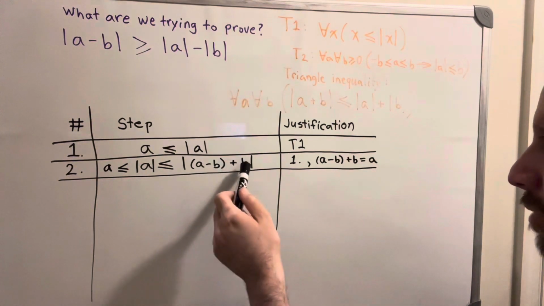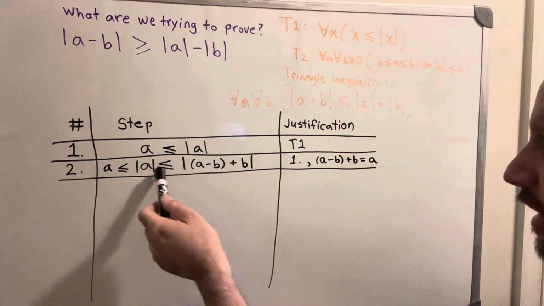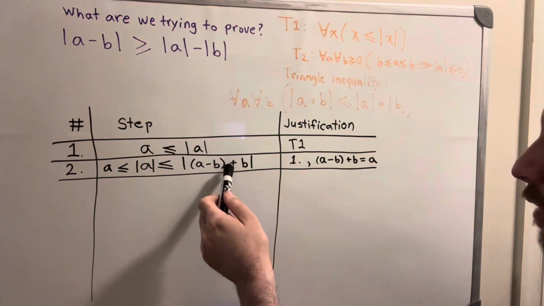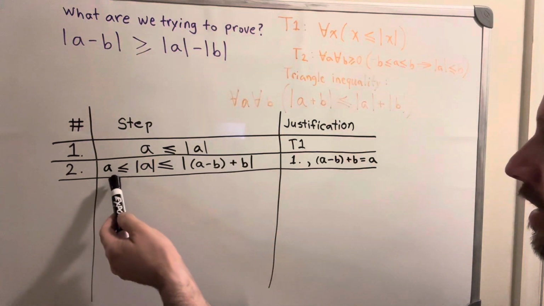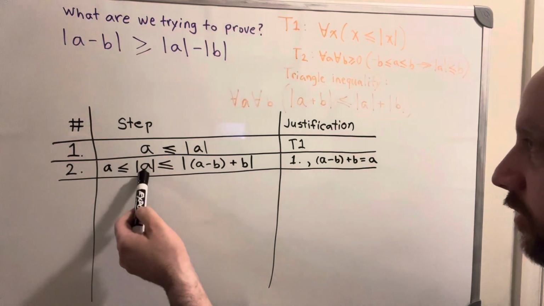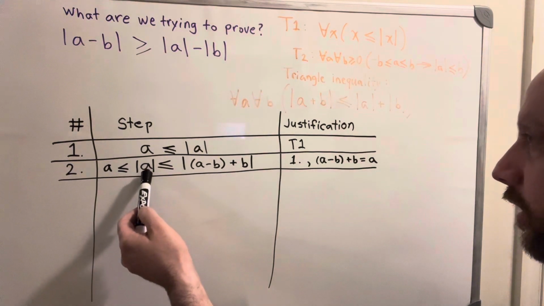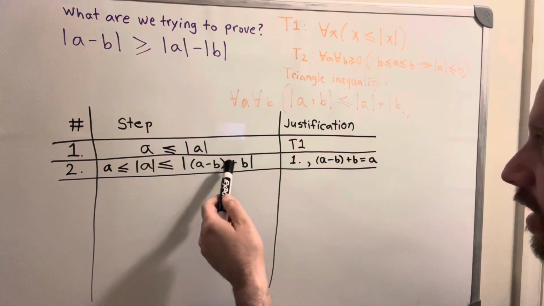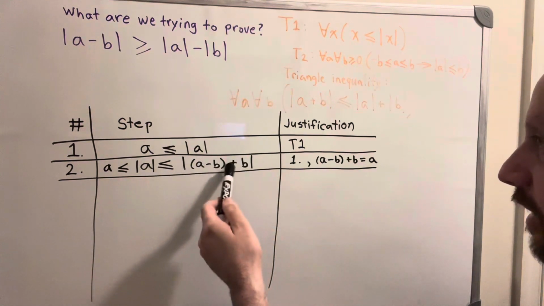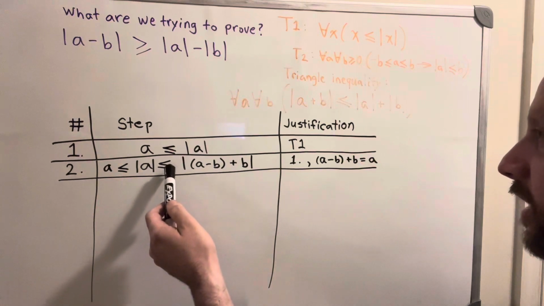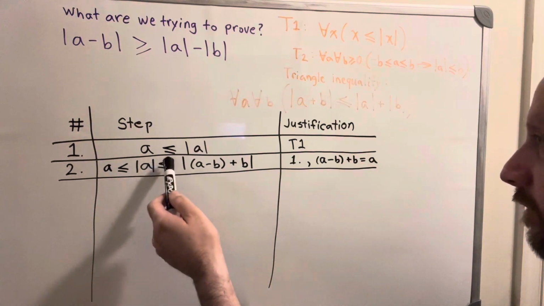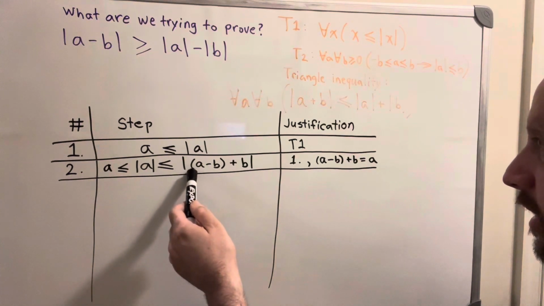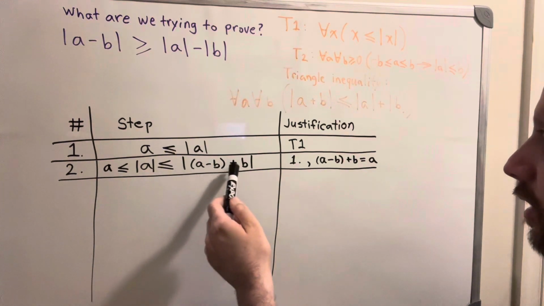The minus B and the plus B cancel out, so this is actually equal to the absolute value of A. So what I wrote was A is less than or equal to the absolute value of A, which, since it's equal to the absolute value of A, and this is the absolute value of A, we can say that the absolute value of A is less than or equal to the absolute value of the quantity A minus B plus B.